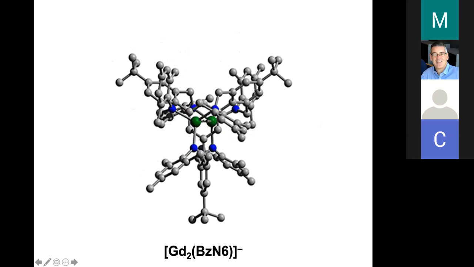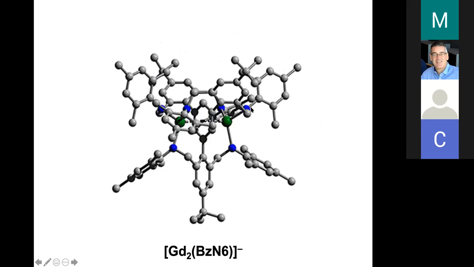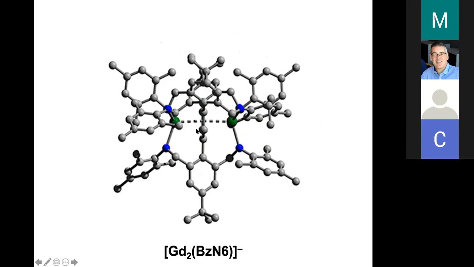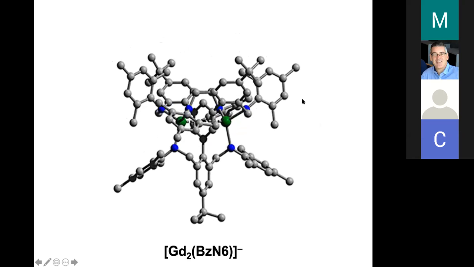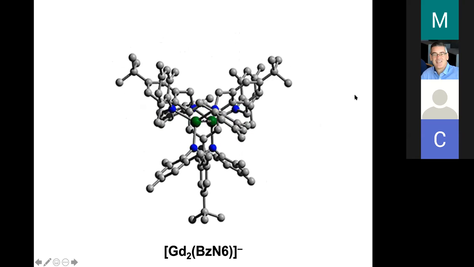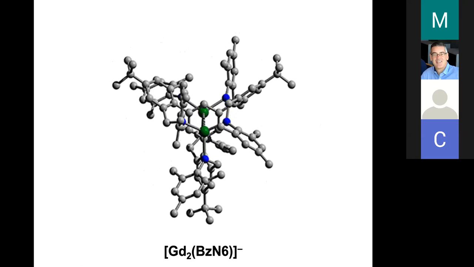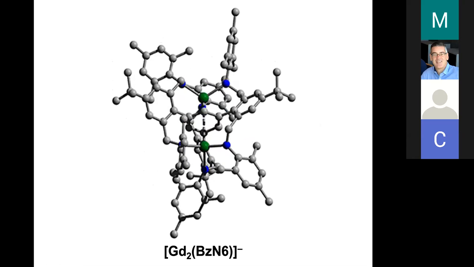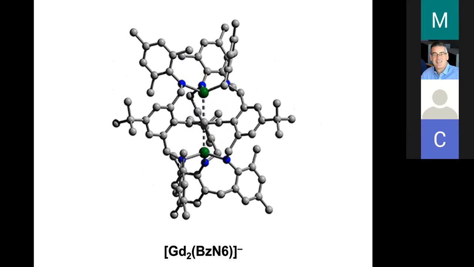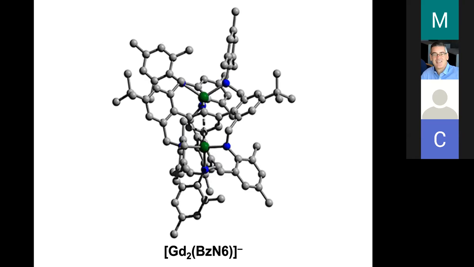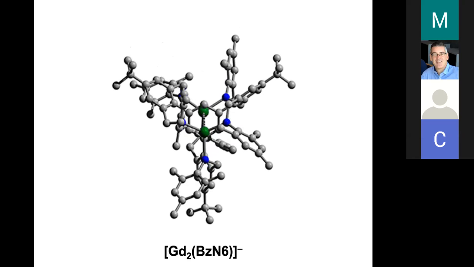Right? And in this molecule, we already have a 1- reduced form of the benzene ring. And that benzene 1- actually has an unpaired electron, right? It's benzene 1-, spin 1/2.